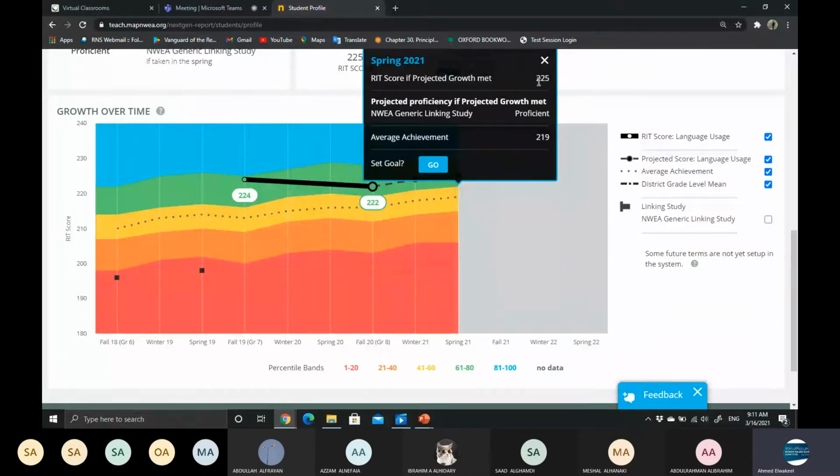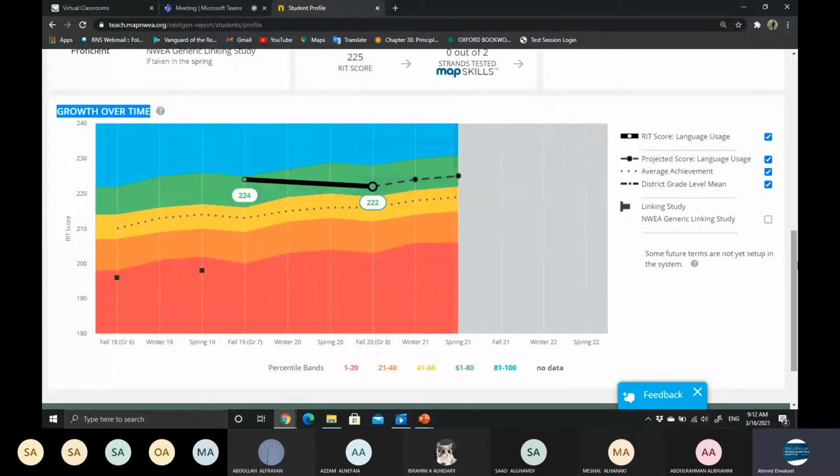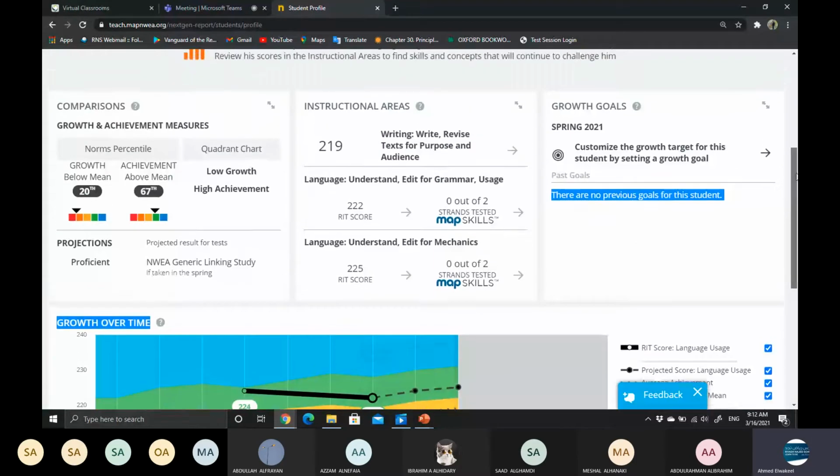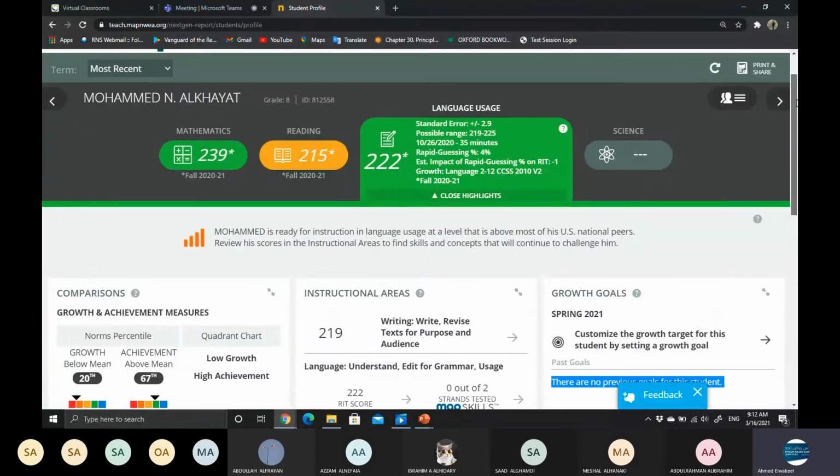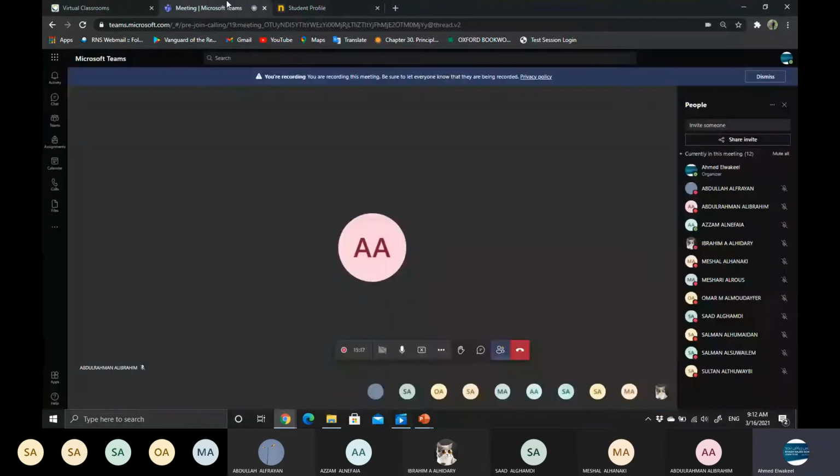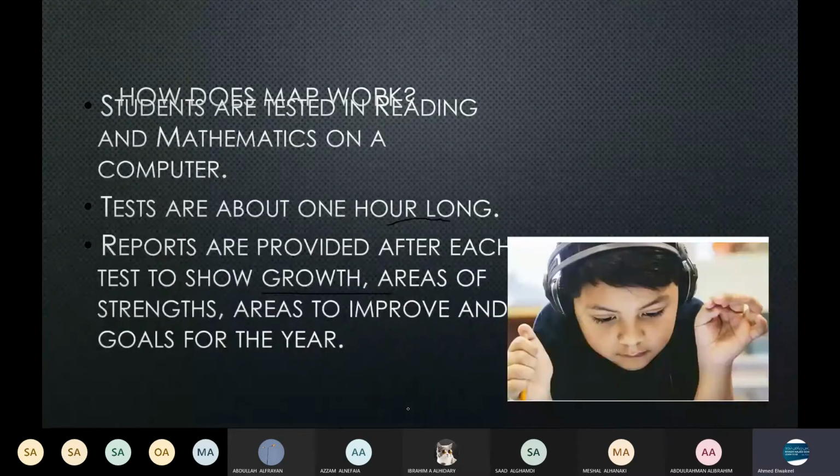So the student's level is growing, and that's what we need from the MAP test, to study and know the growth of the student's level. That is the most important thing about the MAP test: it shows the growth of the students, the areas of strength, and also the areas that need to be improved.